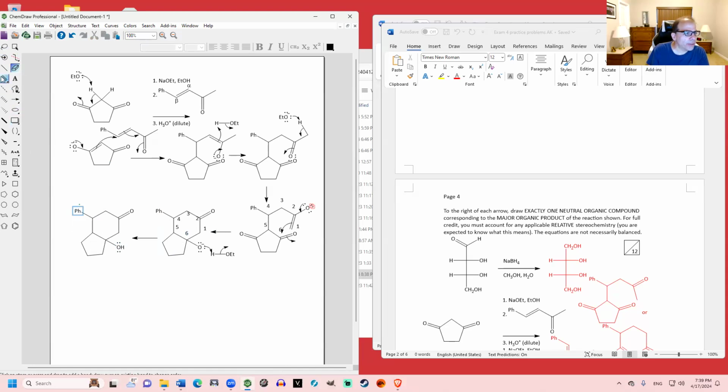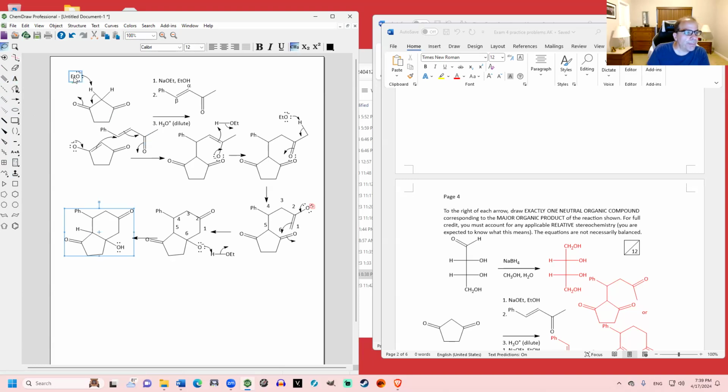I've forgotten some carbonyls, haven't I? There's still carbonyls on this carbon. There we go. That's better. And next, I would anticipate that we will get dehydration because we'll get an extremely stable tetrasubstituted double bond.